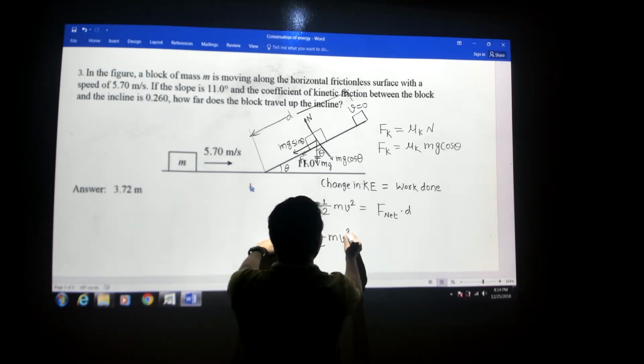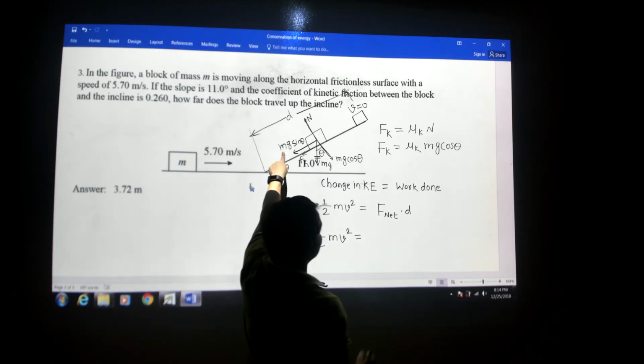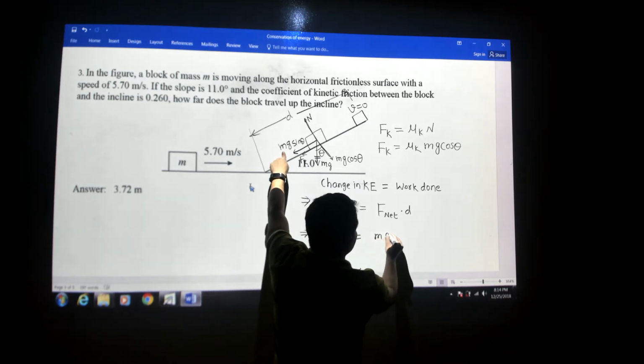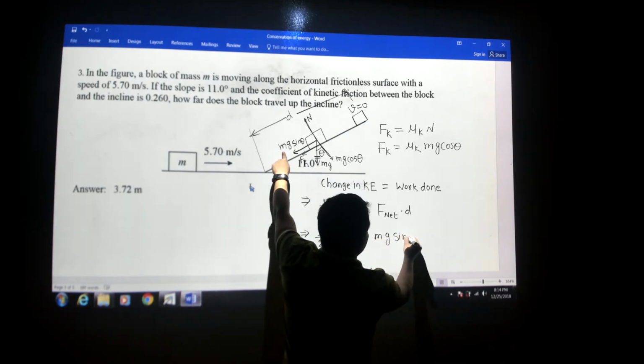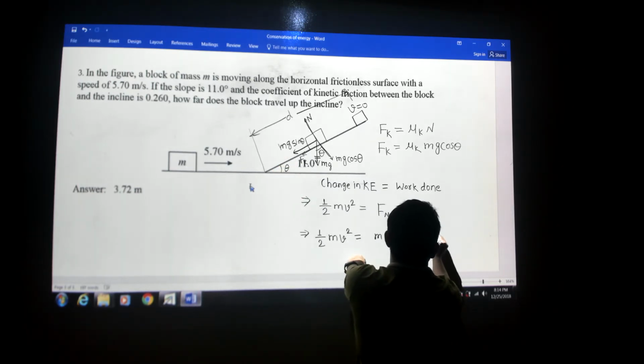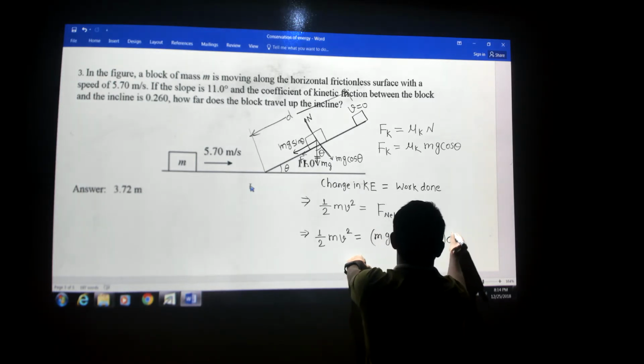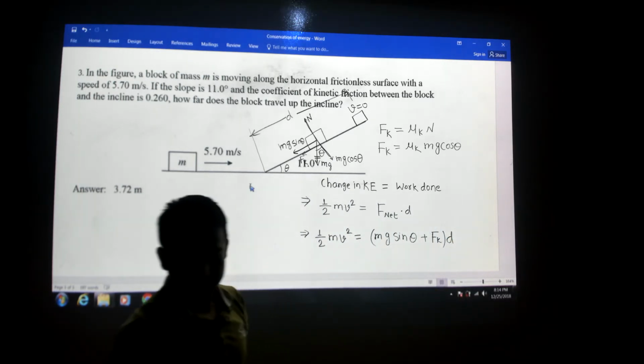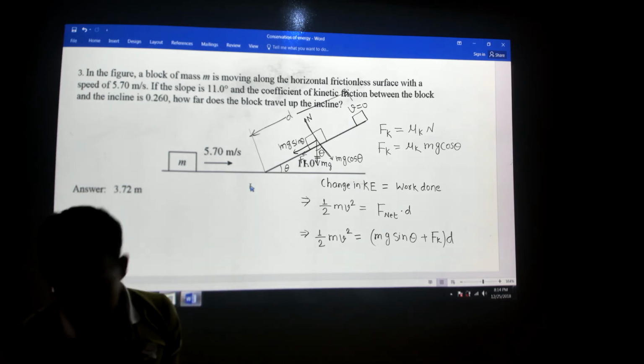Now let's find out what the total force is. One force is mg sine theta, plus the other force is the friction force Fk, times the distance. Now let's solve for d then.